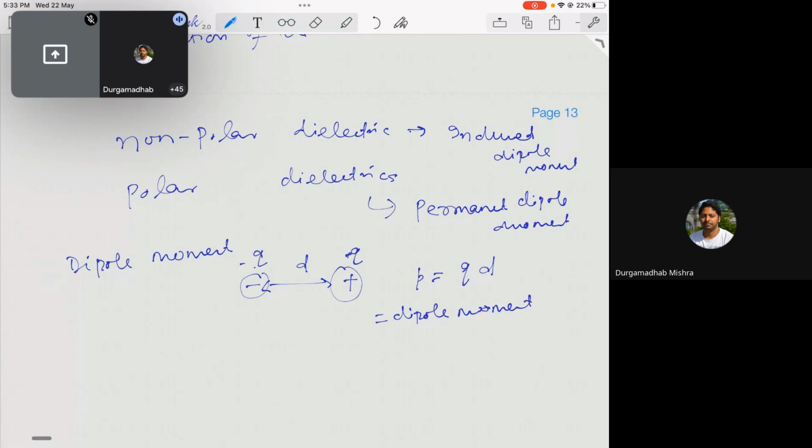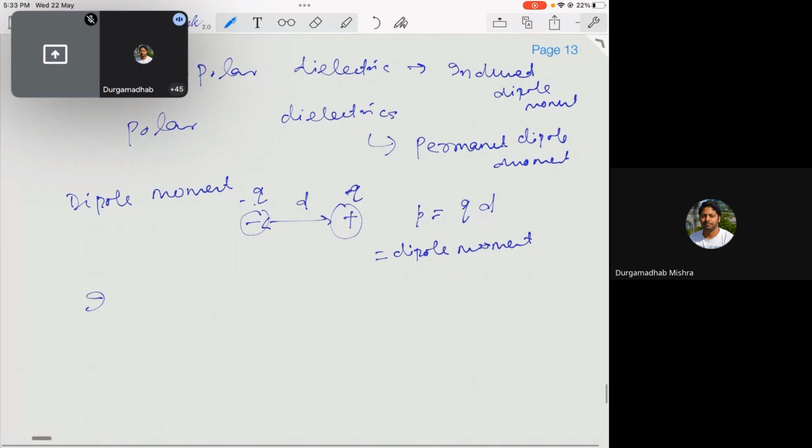Now, when we talk of this induced dipole moment, it is interesting because this will happen in any material. What is the origin of this?